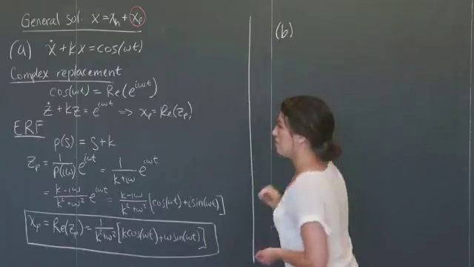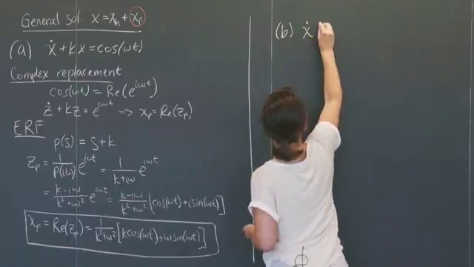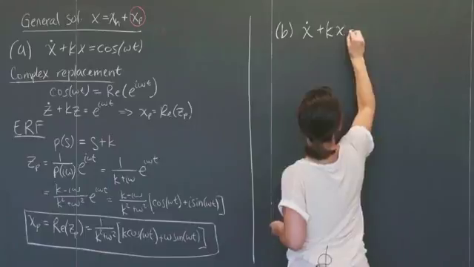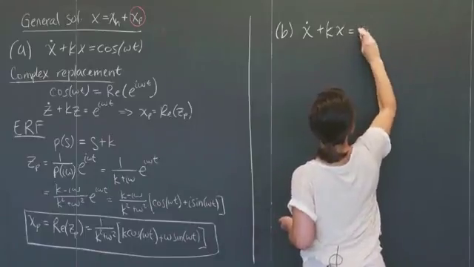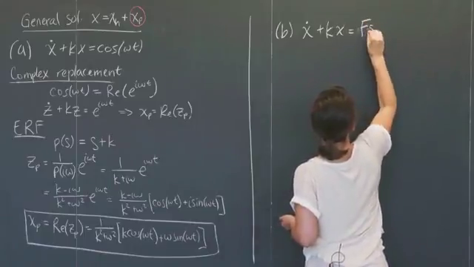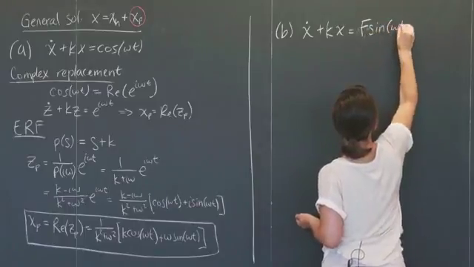Our ODE in this case is x dot plus kx equals f times sine of omega t.